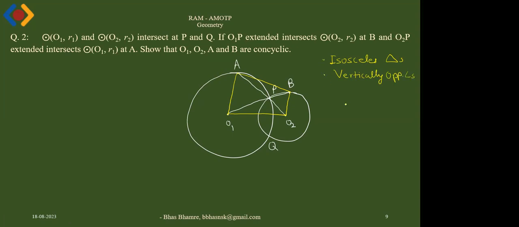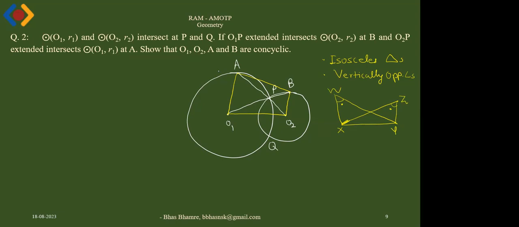And then the part that if a line segment subtends equal angles at two different points on the same side, then suppose these are X, Y, Z, W. XY subtends equal angles at W and Z on the same side of it, then those four points are concyclic. We use this idea. Okay, good. Yeah, Kriya, what do you want to say? Actually, it's the same idea, sir. Great, also the same idea.